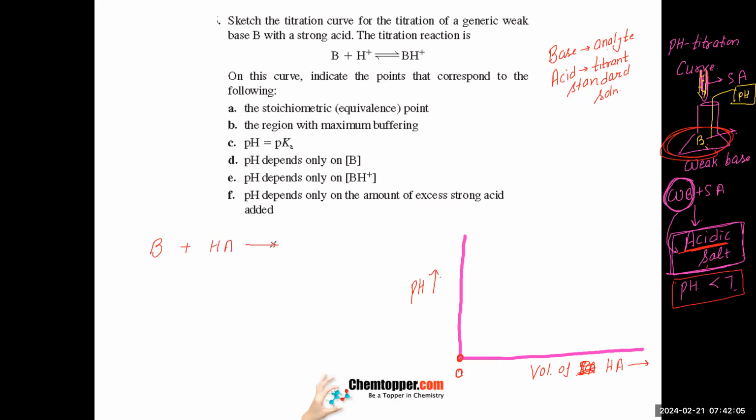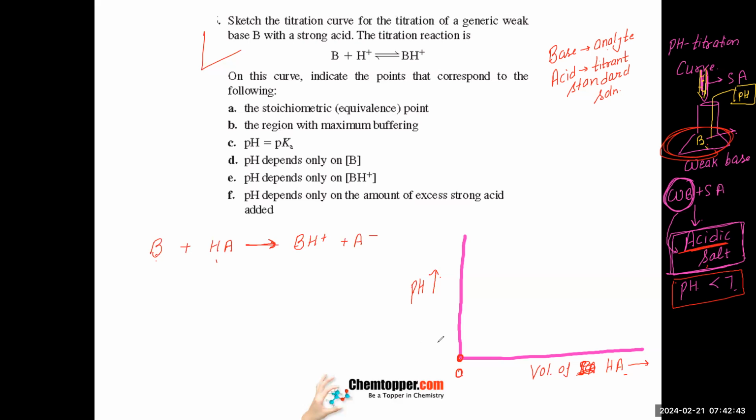Let's complete the equation. I'm just taking acid HA, any generic acid HA. It's a strong acid. Base with this acid, I know it's a strong acid. This is a weak base. That's already defined here, right? So what's the product, children? Base, acid, proton transfer. So the product is BH+ and A-. Any confusion here? Yes, Sanjana, good.